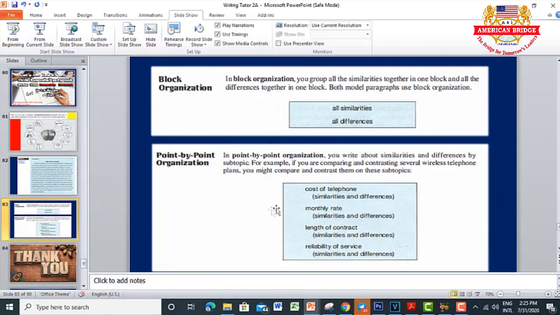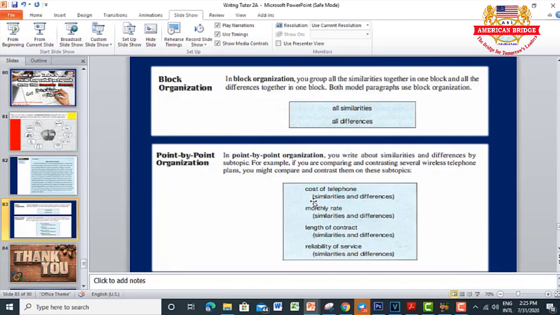And then you have recognized block organization and point by point organization. When you talk about block organization, you separate all similarities into one part and all differences into another part.